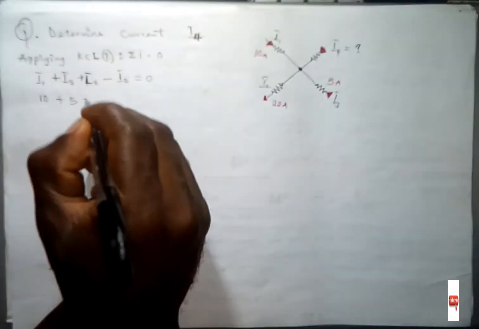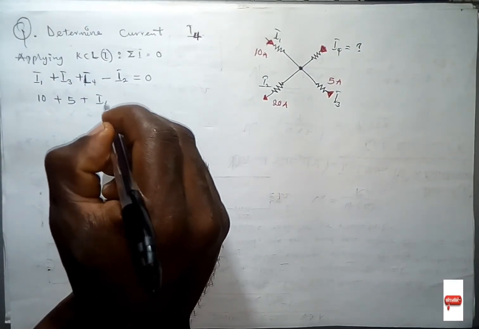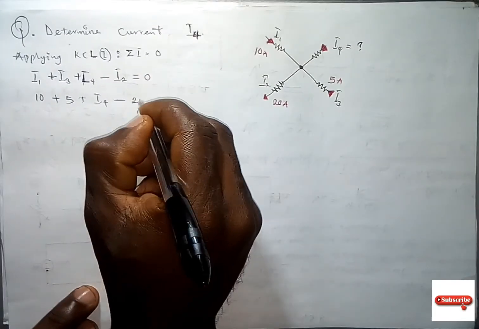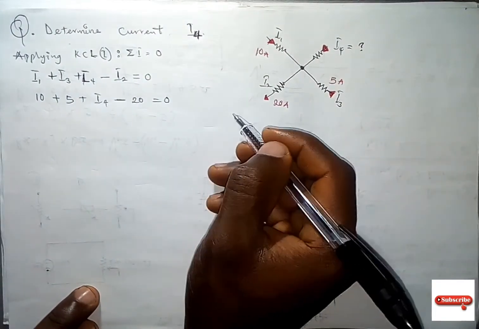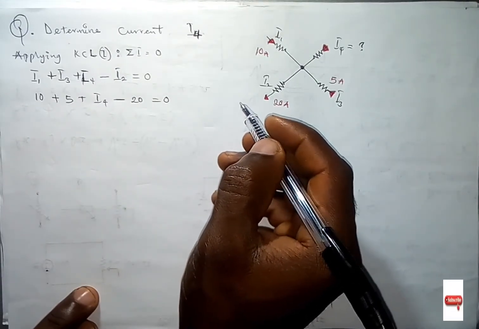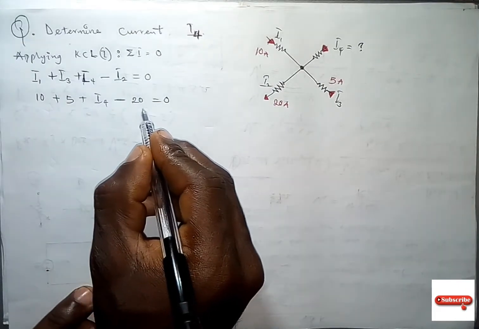Current I4 is what we are looking for, unknown yet. Then minus current I2, which is 20 ampere. Everything equals 0.